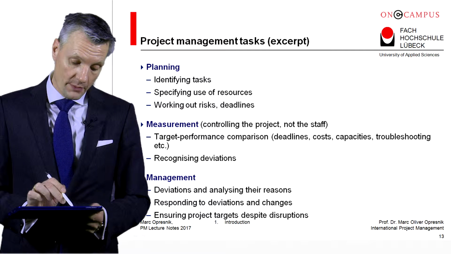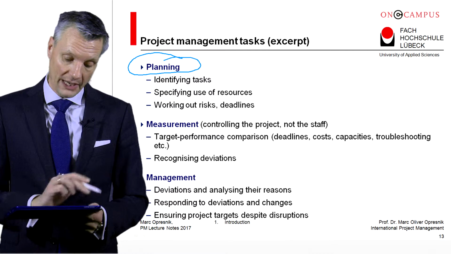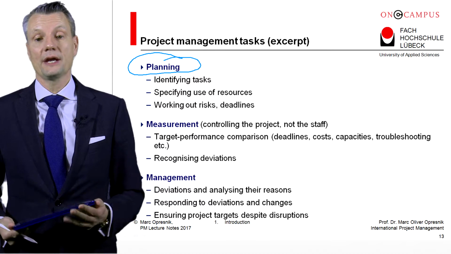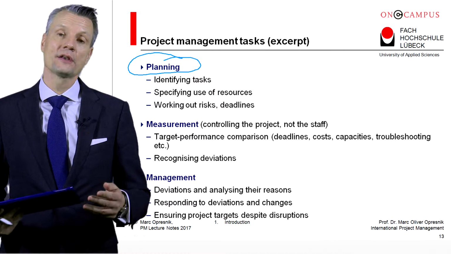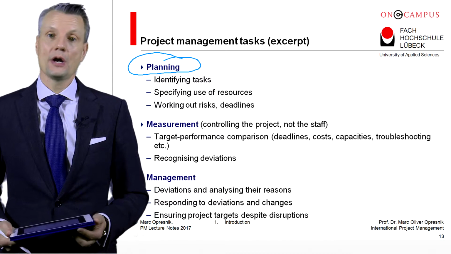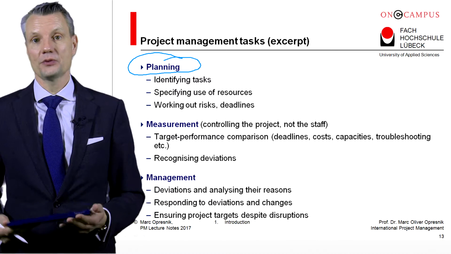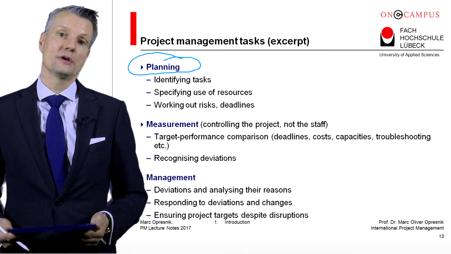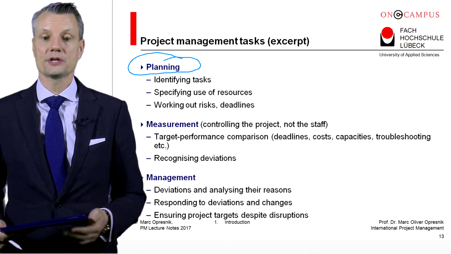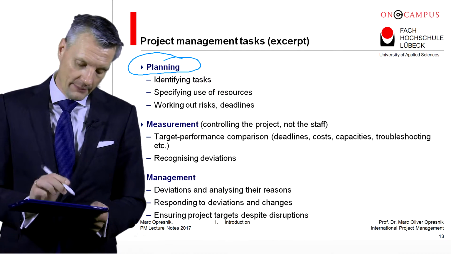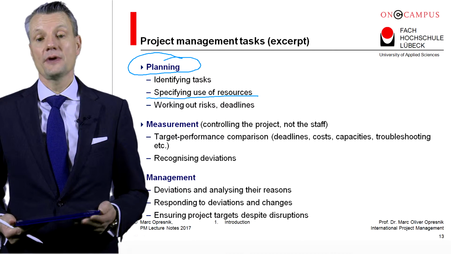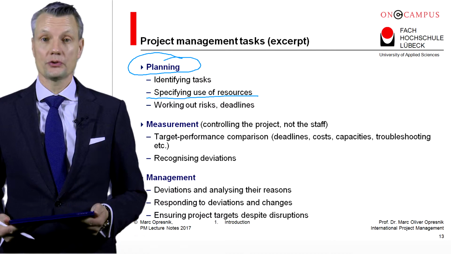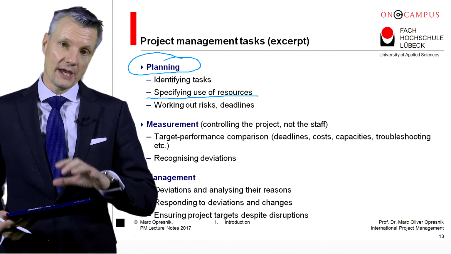So first, project management involves planning. What is planning? You have to identify tasks that need to be done in order to accomplish a specified objective which has been laid down to get the project implemented. Then in the planning phase you also need to specify the resources you're going to use. What is meant by that?